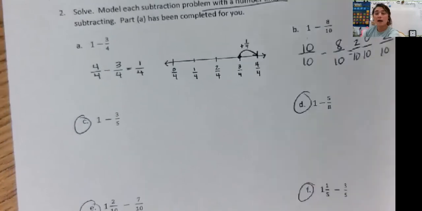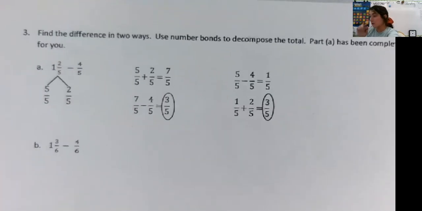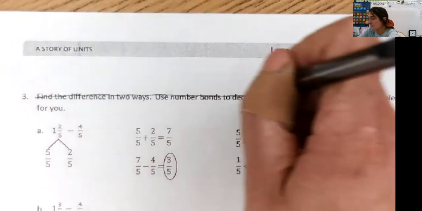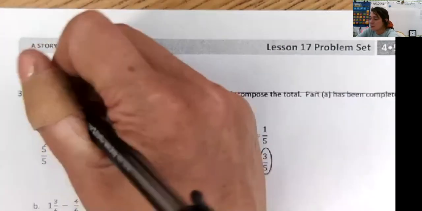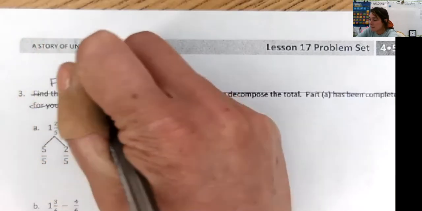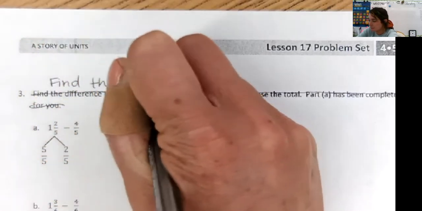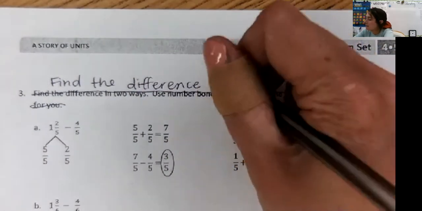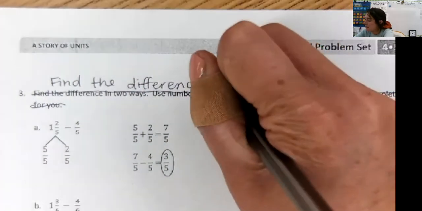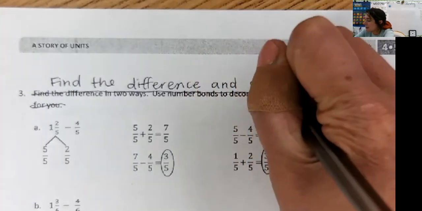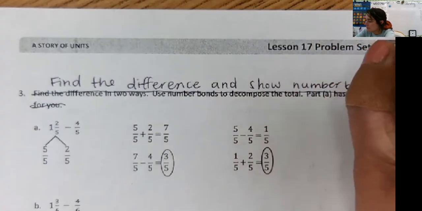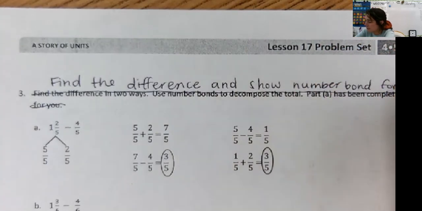On the back, I would like for you to change my directions. You're just going to find the difference and show number bond for improper fractions.